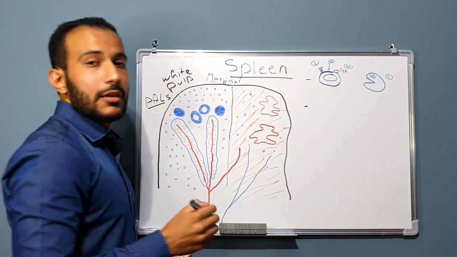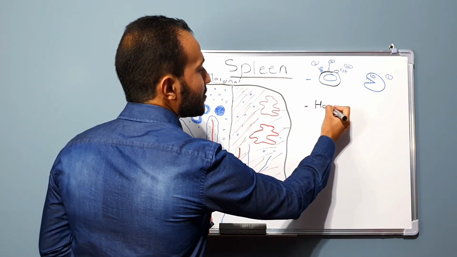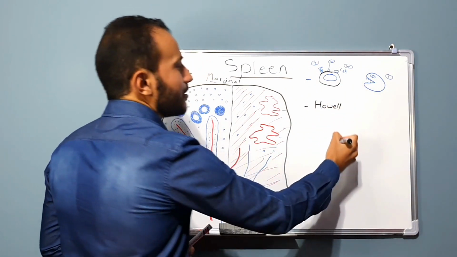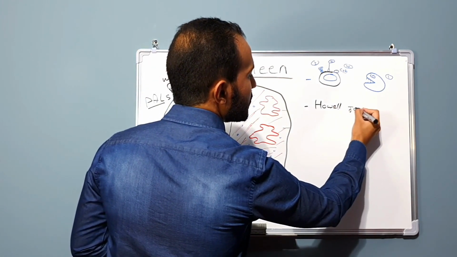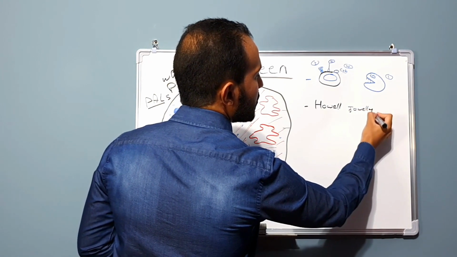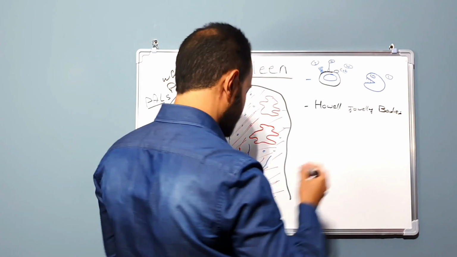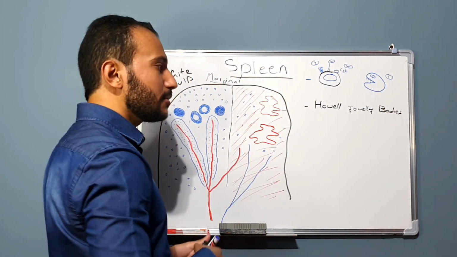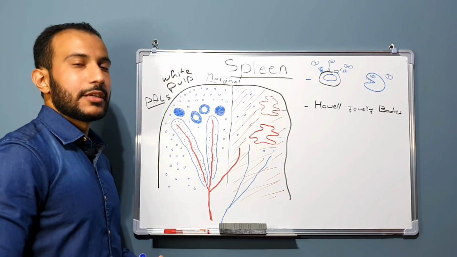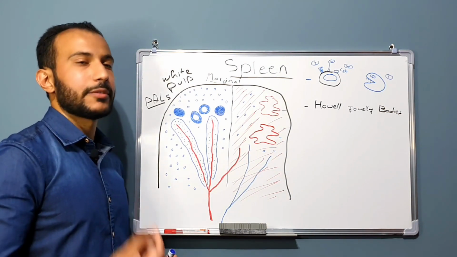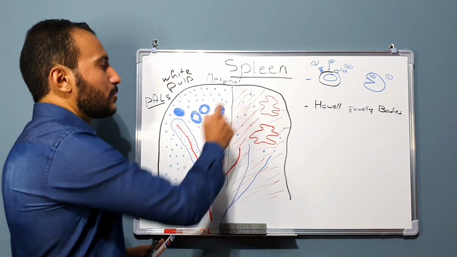Something called Howell-Jolly bodies. I hope I spell it in the right way. What are these bodies? Normally, some RBCs exit the bone marrow having nuclear remnants, a small percentage, which is filtered in the red pulp of the spleen.